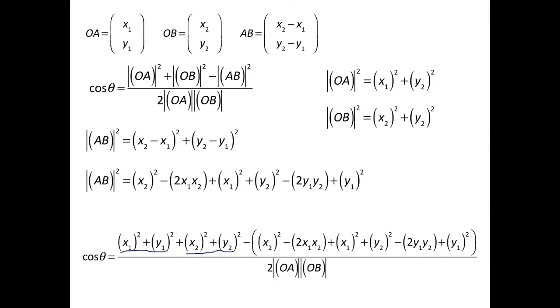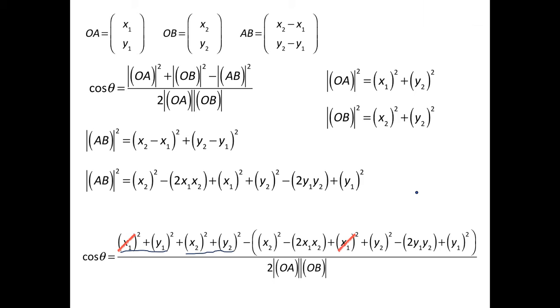So what do I get here? Well, I've got an x1 squared here, and I've got an x1 squared here, but it's negative, positive. So this one is going to cancel off with this one, like that. Similarly, the y1 squared and the y1 squared inside the bracket, and if you can't see where those are, that's this one minus this one here.